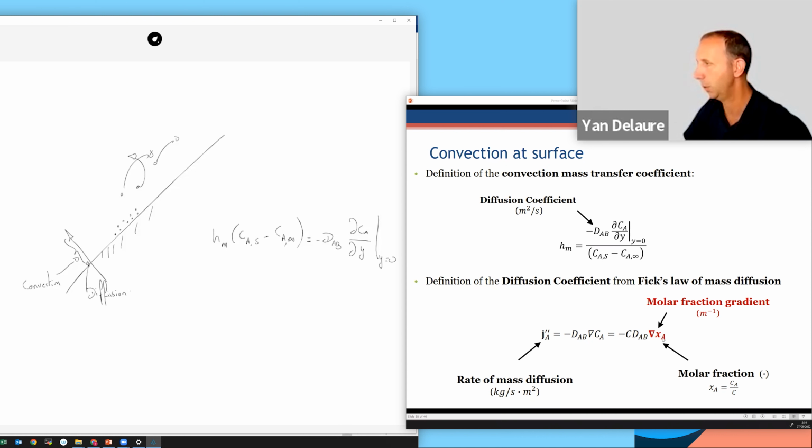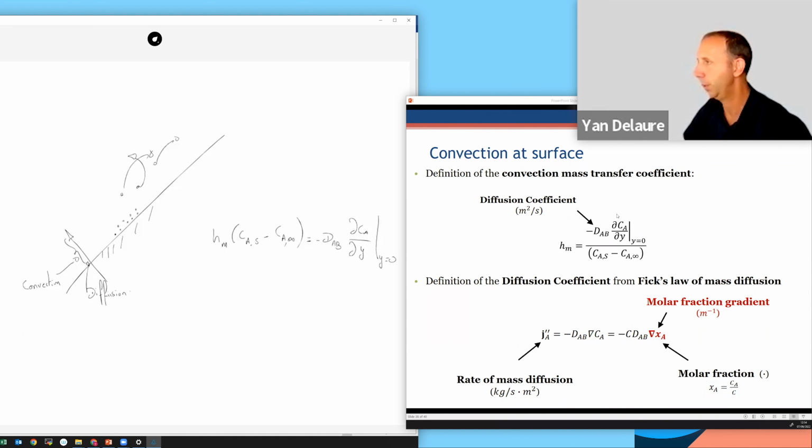So not the mass fraction. Y was the mass fraction. X is the molar fraction. That is the molar concentration C_A divided by the molar concentration of the mixture. So we can prove that these are equivalent. It's not critical. We essentially just use this one here in one dimension. That is, the gradient is assumed to be in the direction perpendicular to the wall. Otherwise, we'd have to use something like that.